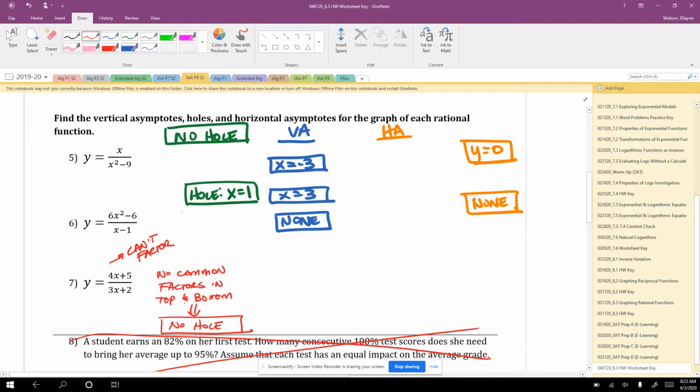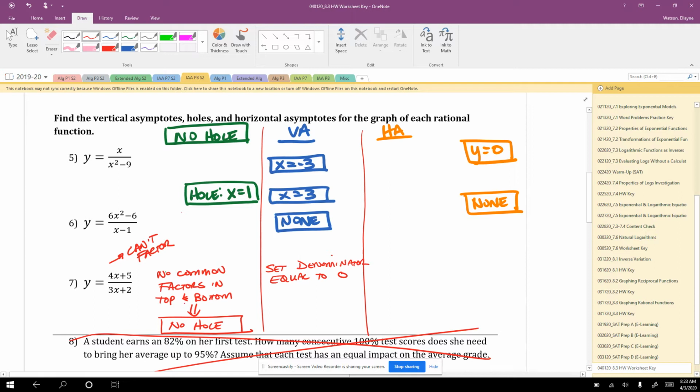Vertical asymptote: you find it by setting the denominator equal to 0, and this is after you cancel out any common factors.